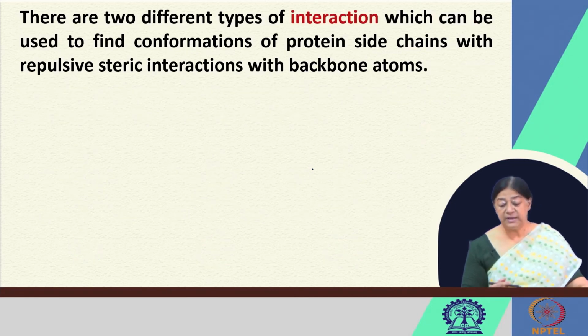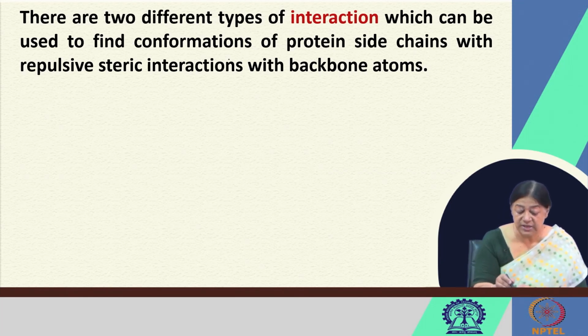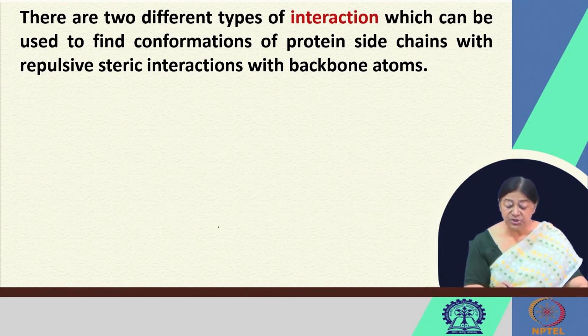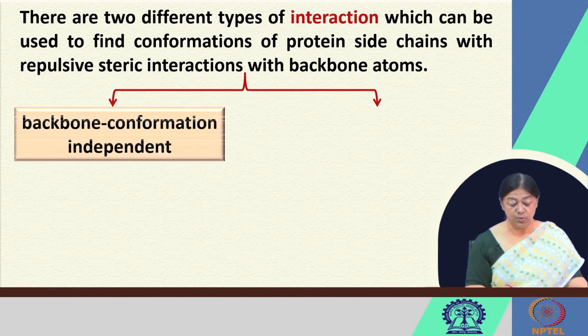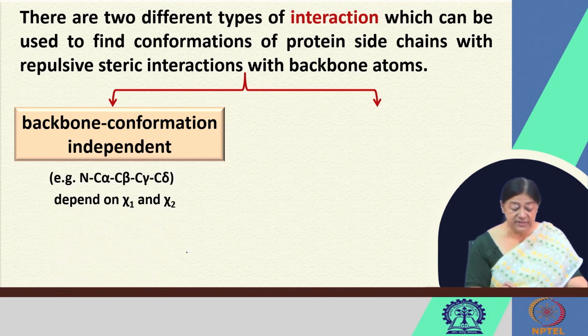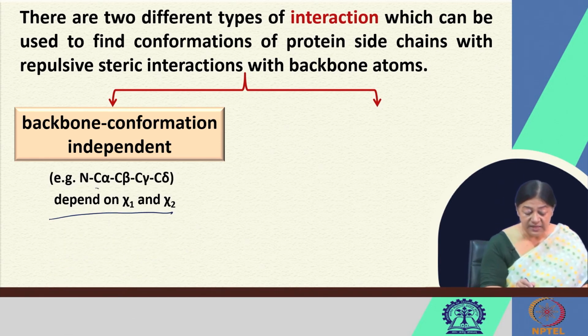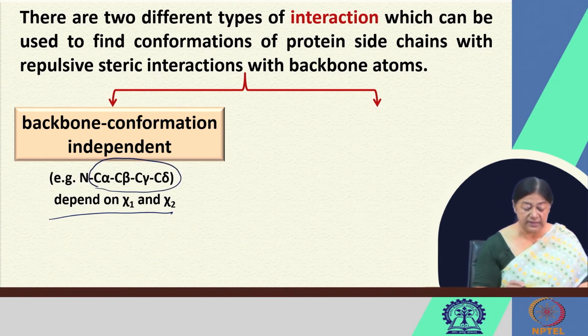But if we go a step further in understanding the types of interactions that are used to find the conformations of protein side chains with the repulsive steric interactions that are possible, this is what is important. So we have some that are backbone conformation dependent. We have the chi1, chi2, where we have these linkages that we were looking at.